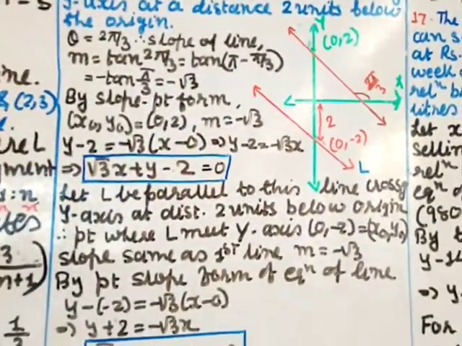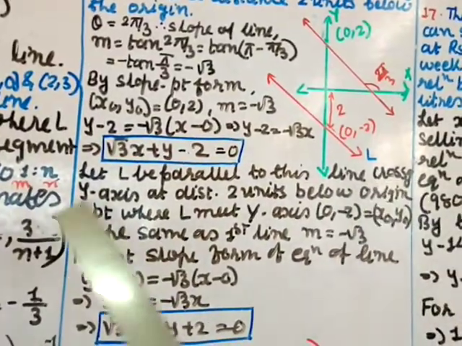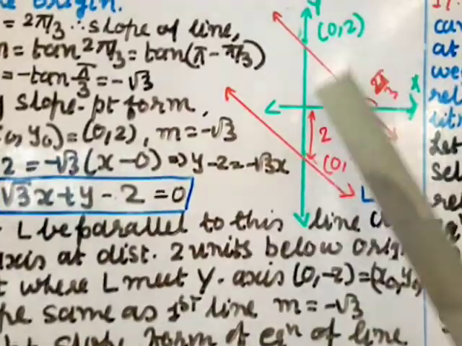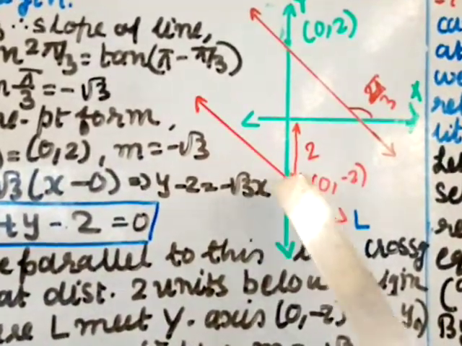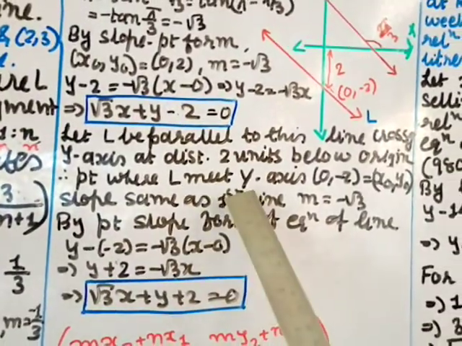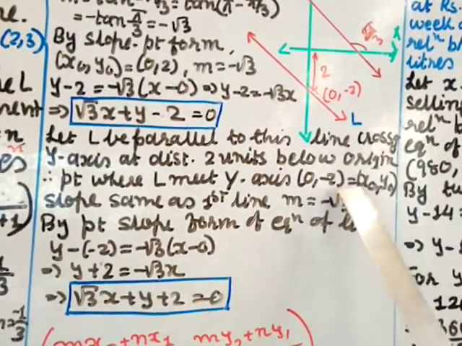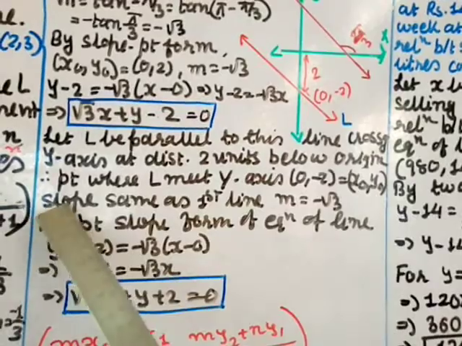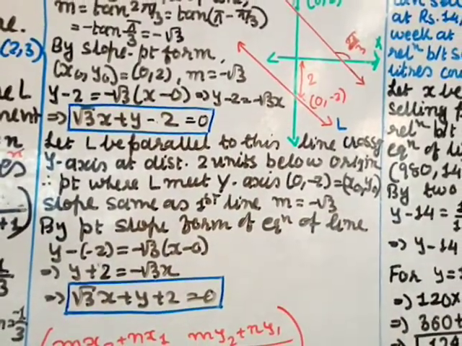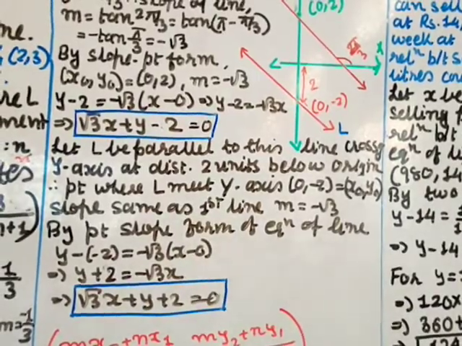The line crosses the y-axis at a distance of 2 units below the origin, therefore the coordinate of this point will be (0, -2). So the point where L meets the y-axis is (0, -2), call that x0, y0. The slope is the same as the first line, m equal to minus root 3, because both lines are parallel.